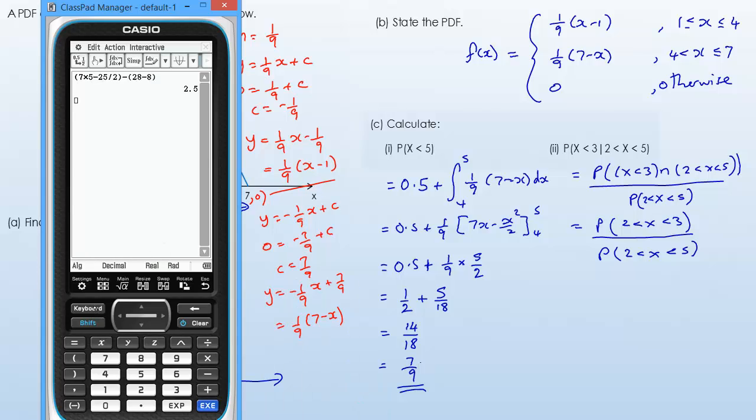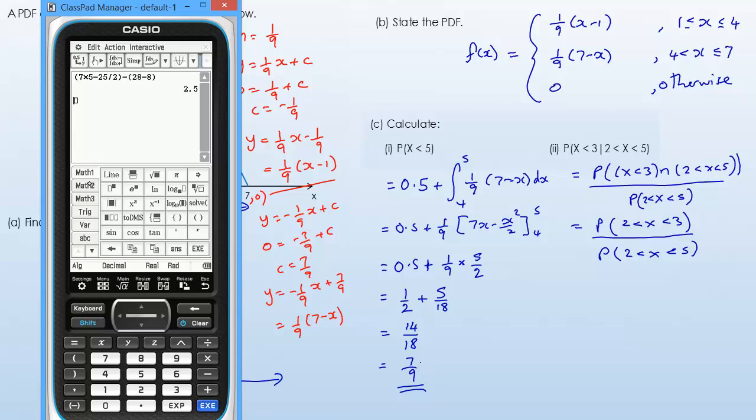So let's just do that as an integral. So we have the integral from 2 to 3 of 1/9 of (x minus 1). Let's go to standard. That gives me 1/6.